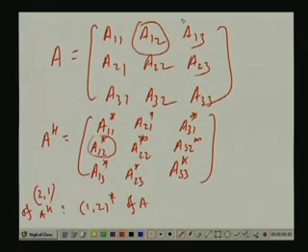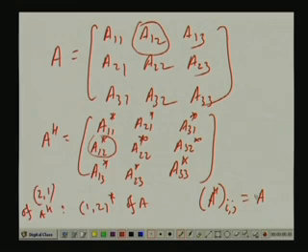If you put a star here, you get back this element. That means A Hermitian, this matrix, its ijth element is nothing but the A matrix, its jith element star. This is the Hermitian transposition.